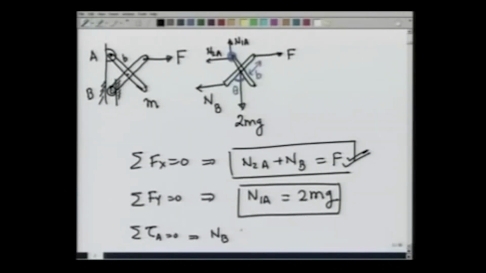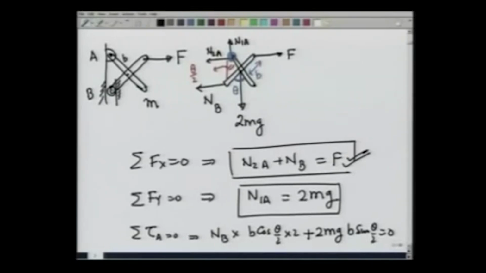Then while calculating torque, I am going to get NB times, this angle here is going to be theta by 2, so I get b cosine theta by 2 times 2, that is this arm, plus 2mg b sine theta by 2 is equal to 0.